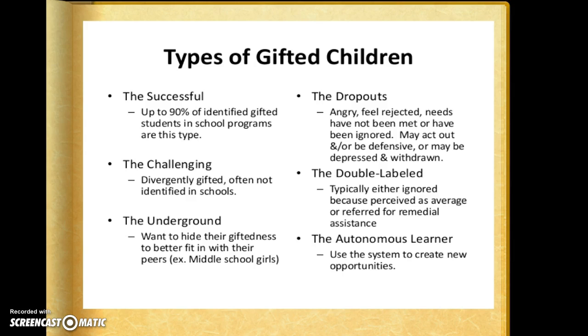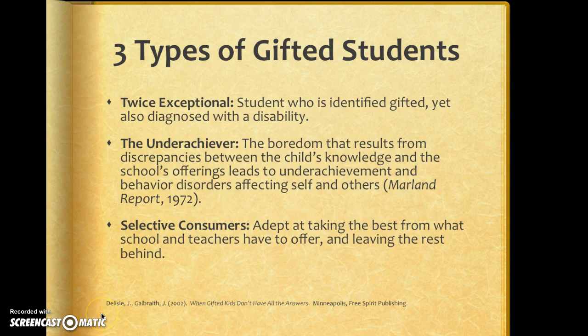And this is a broad spectrum of gifted children: the successful, the challenging, the underground, the dropouts, the double-abled, the autonomous learner. And then there are 3 types of typical gifted students. Those consist of the twice exceptional student, those who are identified gifted yet also diagnosed with a disability.